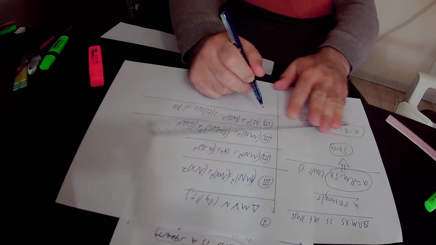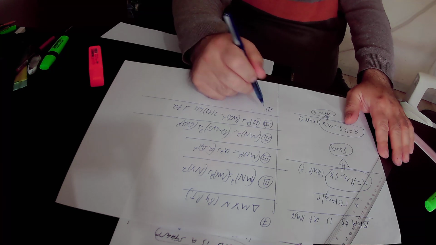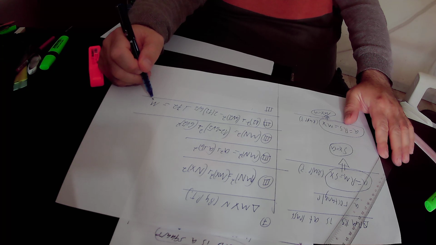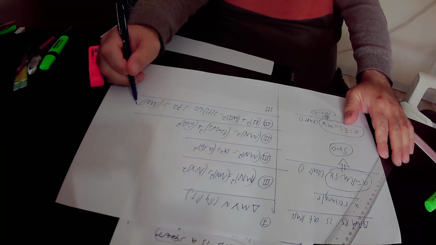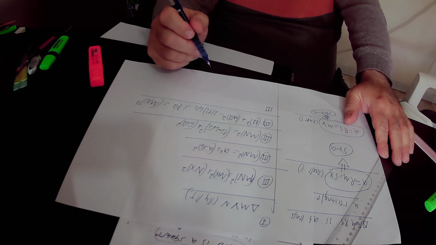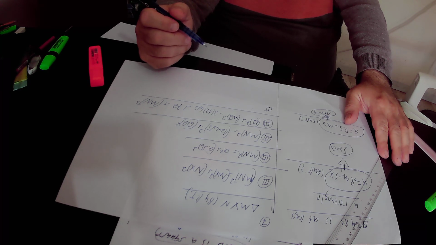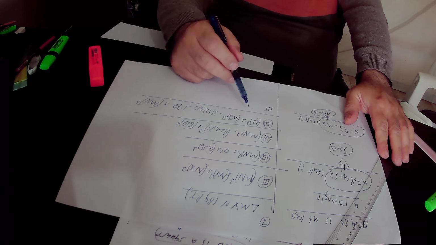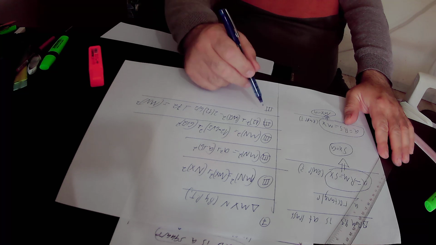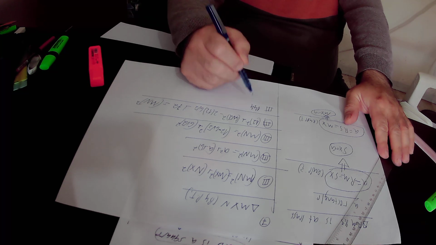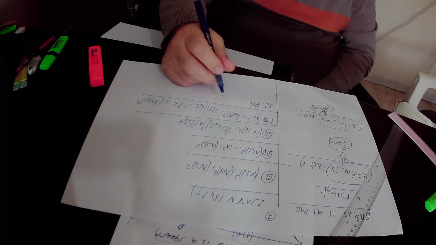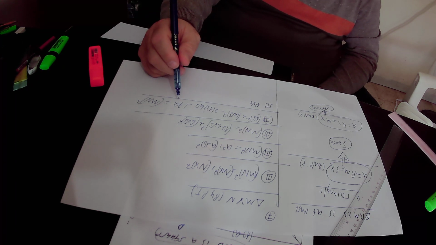So we can find out that according to equation number 3, it equals MN squared. Here 12 squared is 144. 6 times square root of 2 squared is 72.